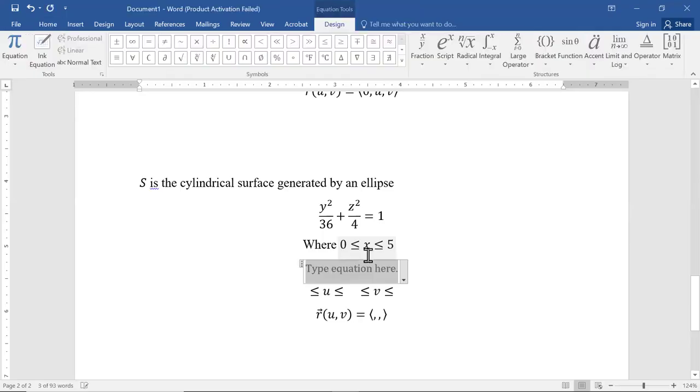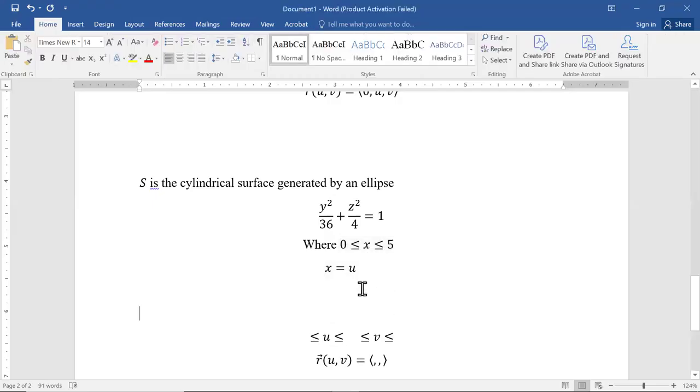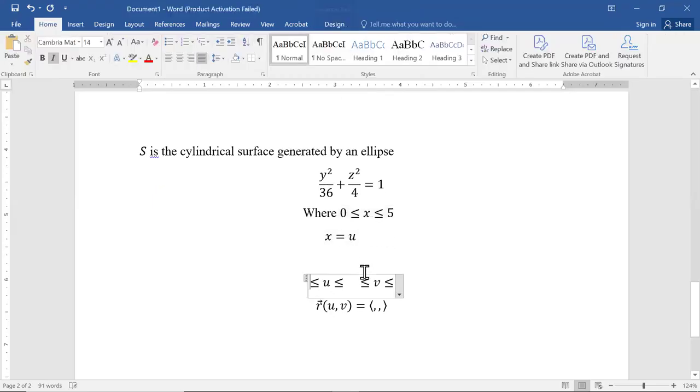But whichever way I do it, the other variable I'm going to use for my parameterization of the ellipse. So let's use x equals u so I can go into the parameterization of my ellipse, okay?